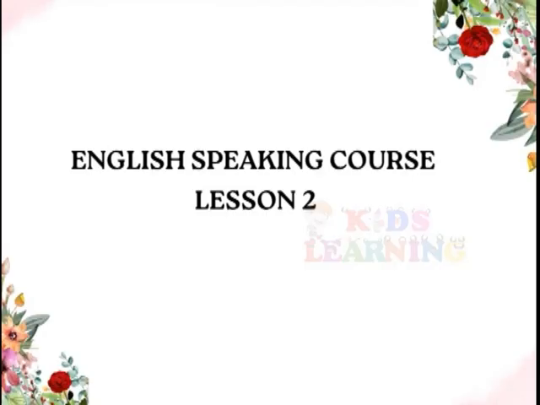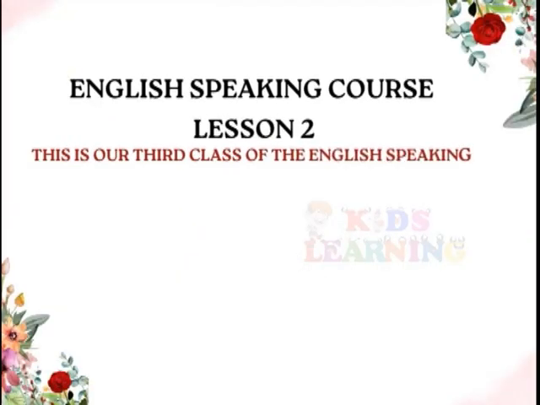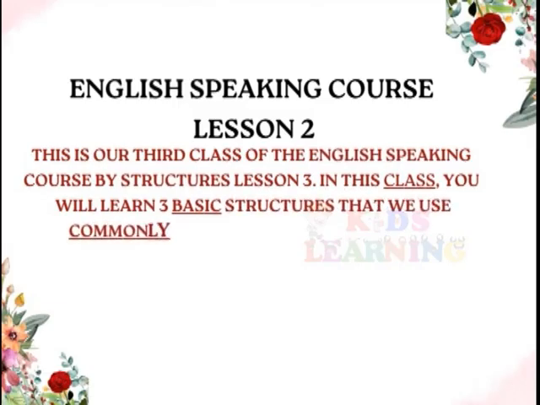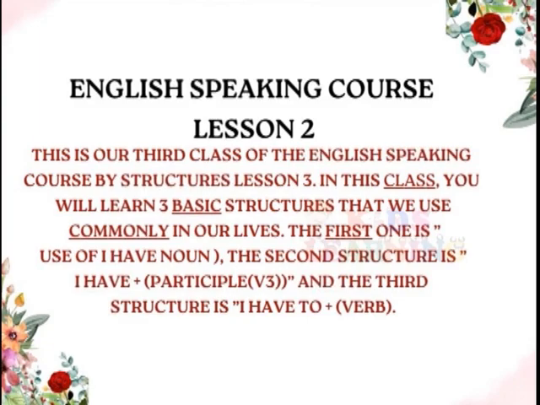English Speaking Course Lesson 2. This is our third class of the English speaking course by Structures Lesson 3. In this class, you will learn 3 basic structures that we use commonly in our lives. The first one is use of I have, noun.